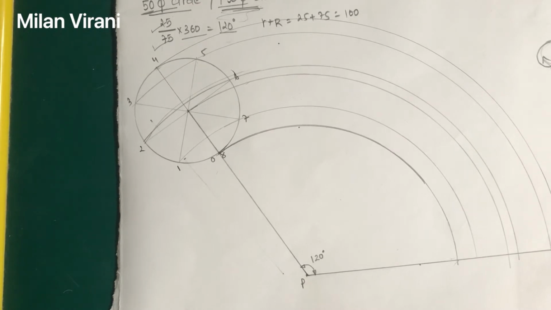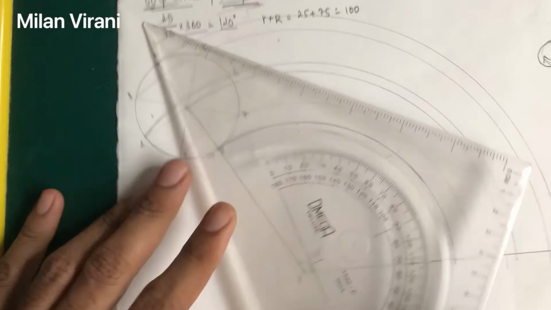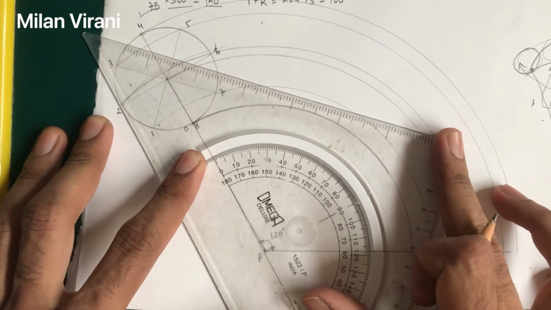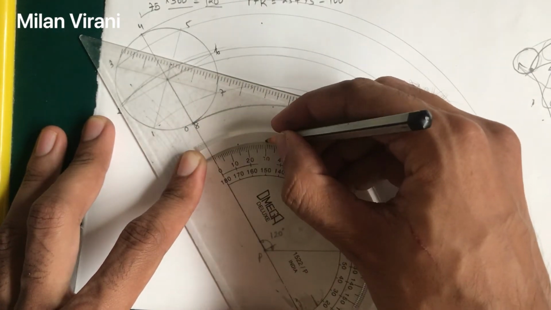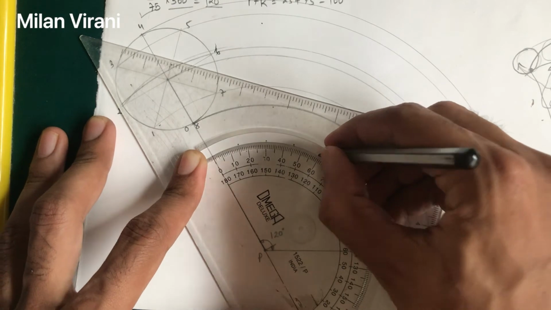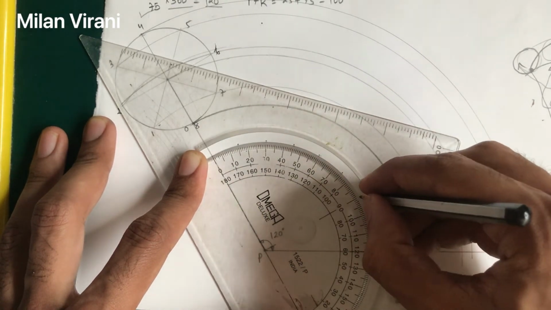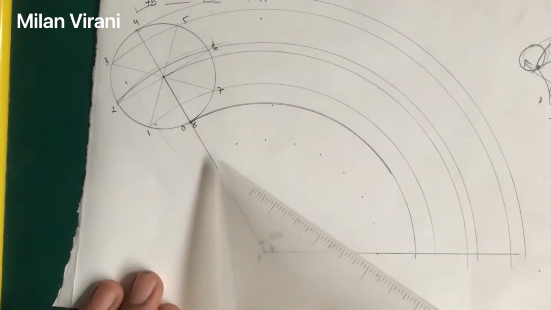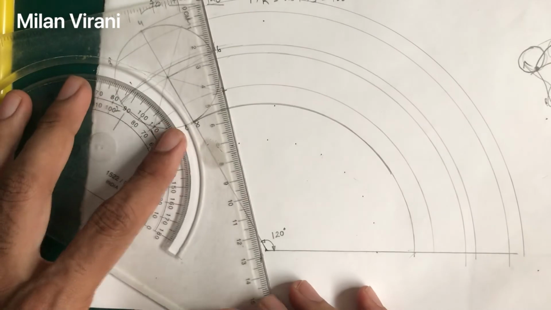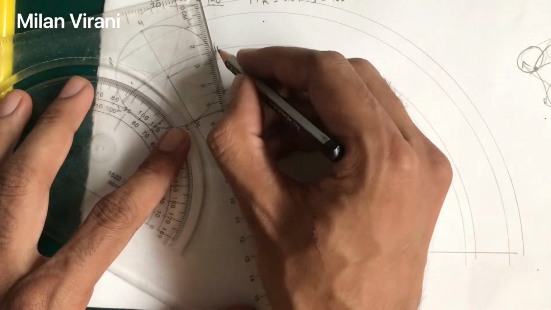That will be 120 divided by 8, which gives 15 degrees. Using a protractor, from the starting I will divide by 15 degrees: 15, 30, 45, 60, 75, 90, then 105 and 120. So these are the total 8 parts.